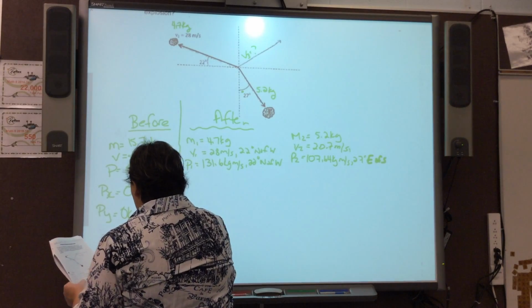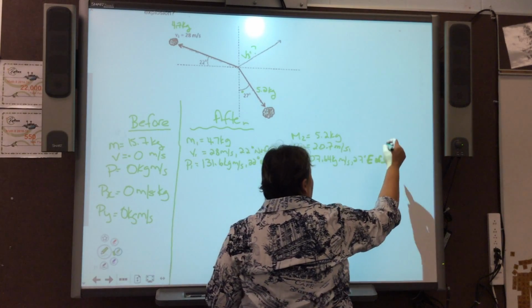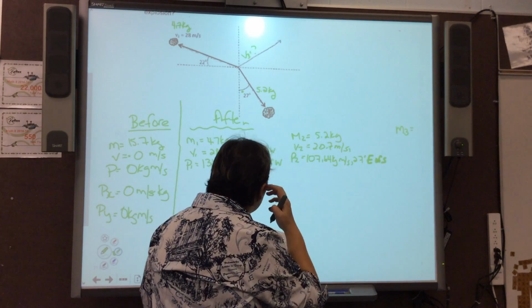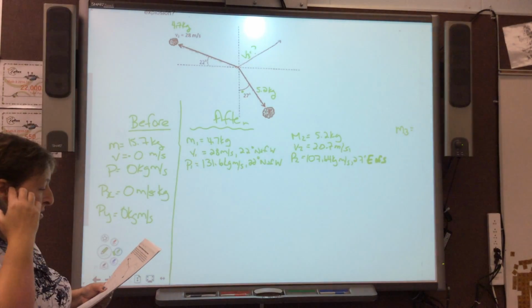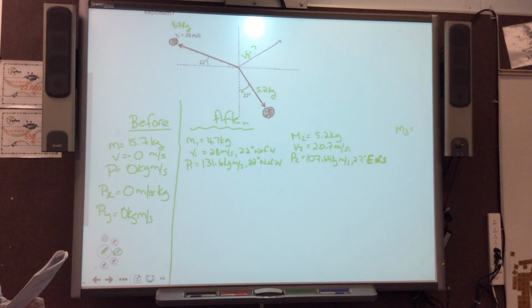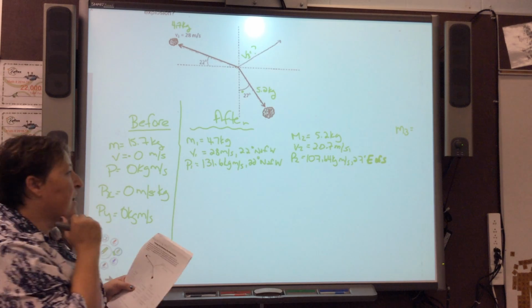And then we have mass 3. Does it tell us? You can figure it out. How do we figure it out, Jaden? 5.2 and take 15.7 and minus it by the number you got. Exactly.